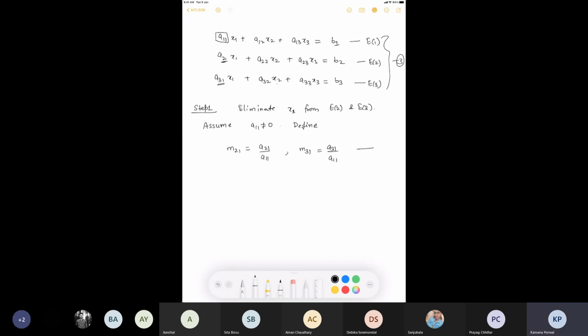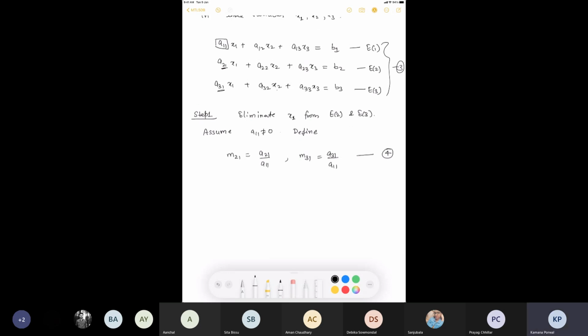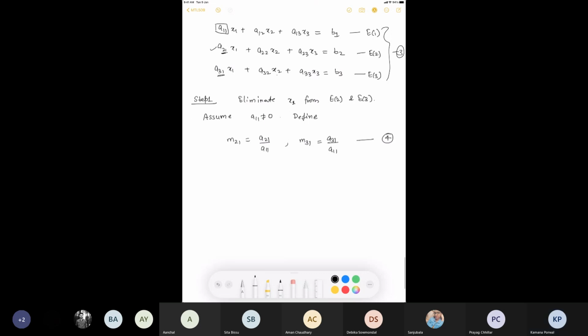Now to eliminate x1 from E2, I'll multiply E1 by m21 and subtract it from E2. So I'm going to subtract m21 times E1 from E2.